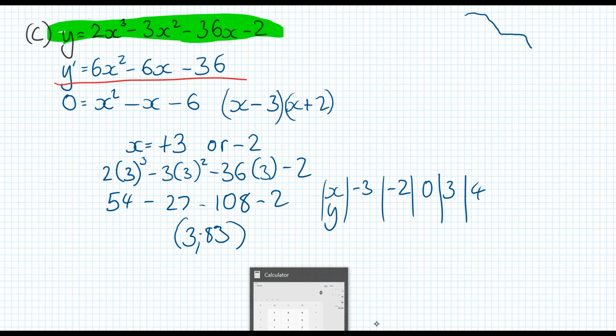Okay, 64 plus 18 minus 36 gives me a positive value. Okay, then -2 should be 0, because we've already worked that out as 0.